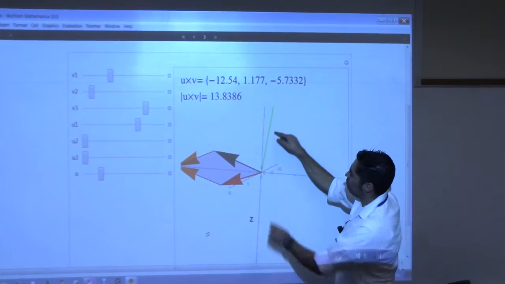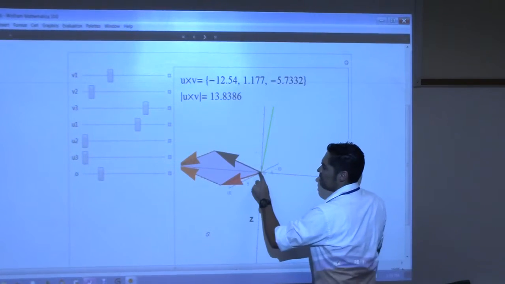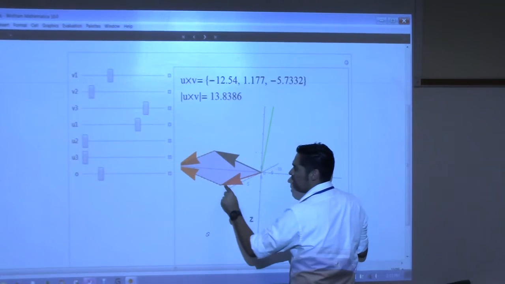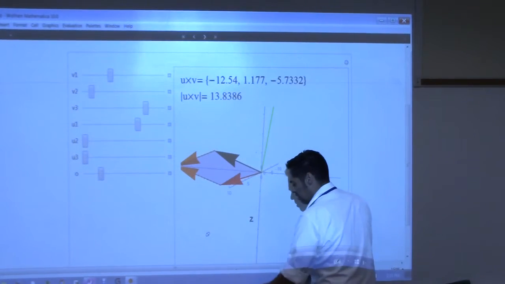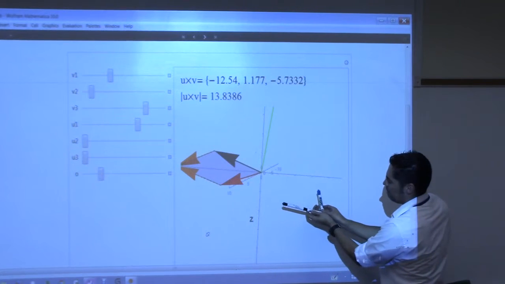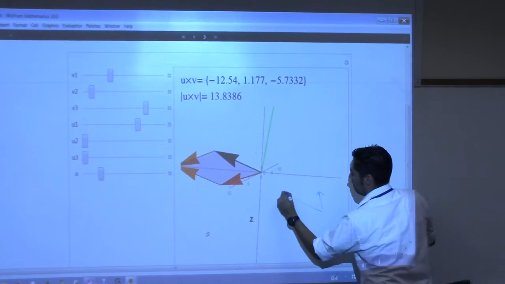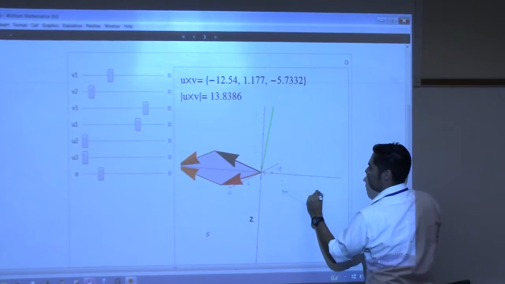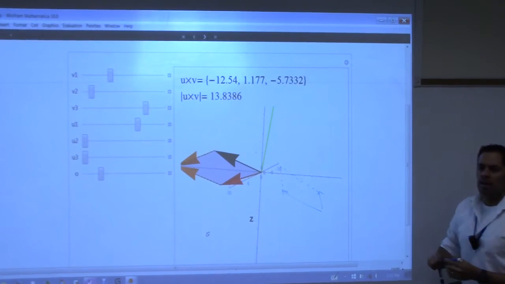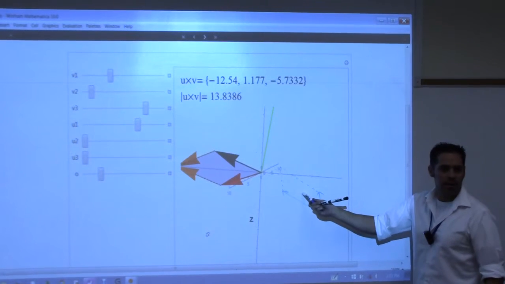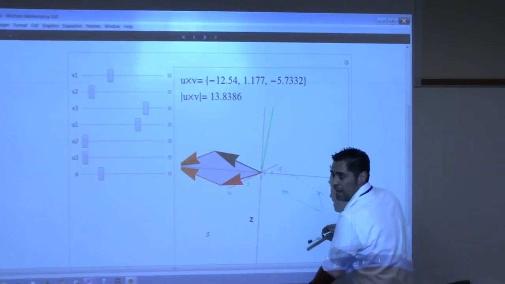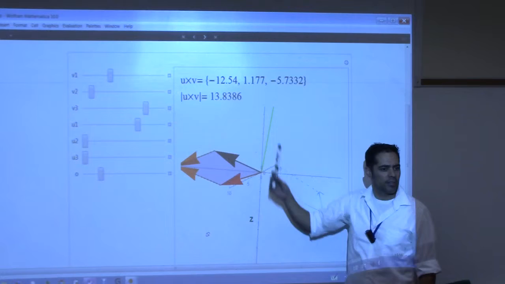What the length of that vector represents is, imagine creating a parallelogram out of these two vectors. So it's like taking these two vectors that are sitting here and constructing the parallelogram out of them. And the area of that parallelogram is the length of that vector.